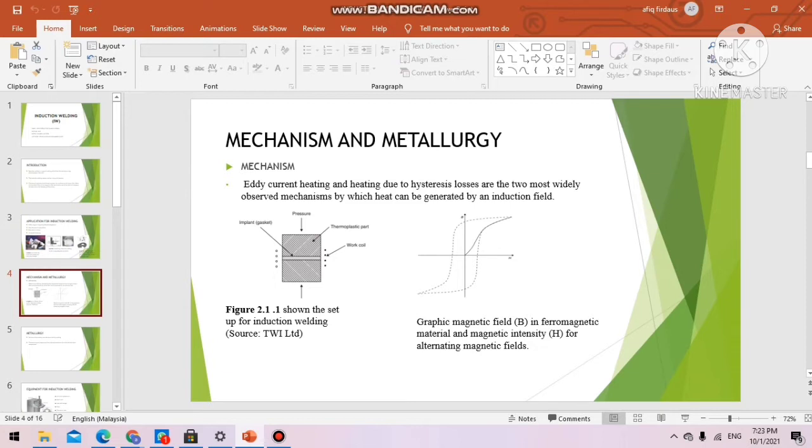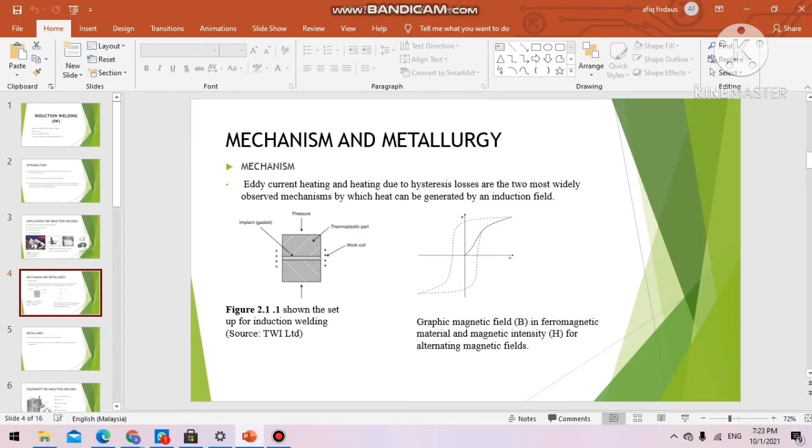For the mechanism and metallurgy, the mechanism of induction welding is eddy current heating and heating due to hysteresis losses. These are the two most widely observed mechanisms by which heat can be generated by an induction field.